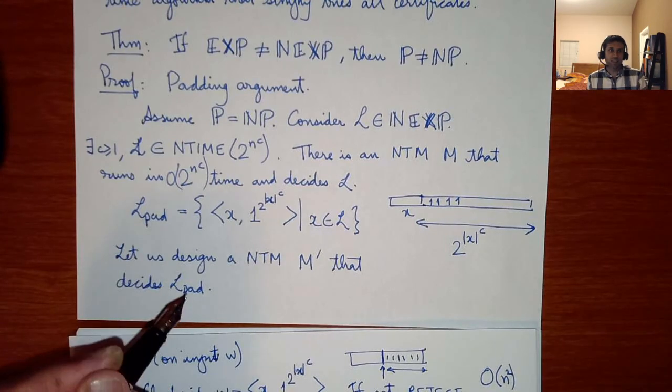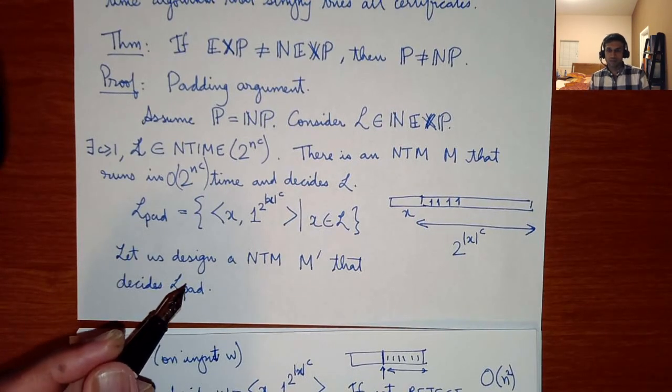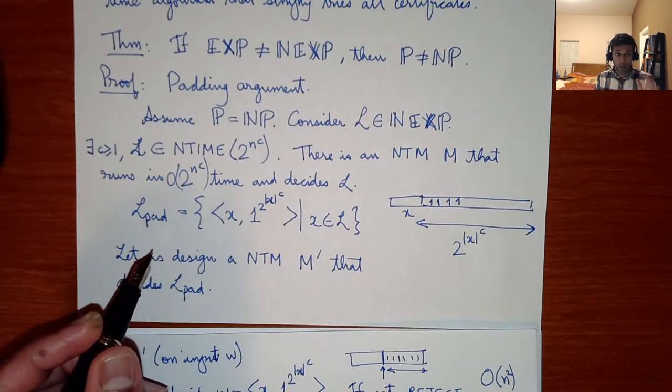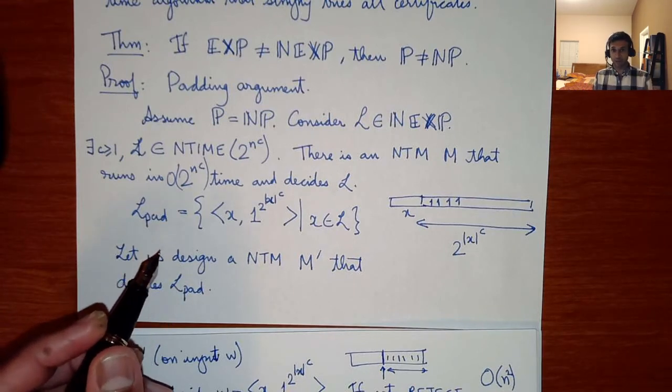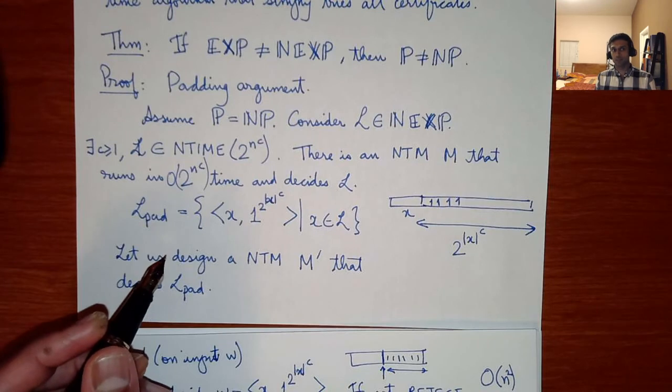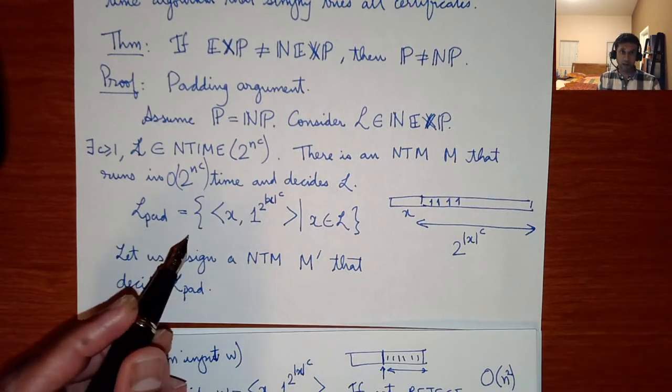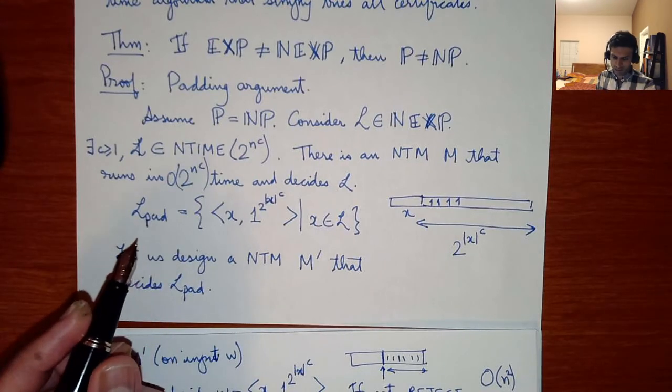And now basically I'm going to come up with, my apologies, I said LPAD is in polynomial time. And I'm going to use this to come up with an exponential time algorithm for L. You may be able to guess how you'll do that.